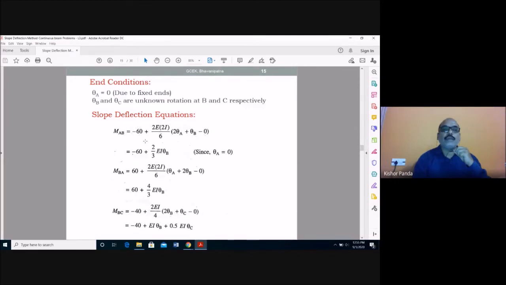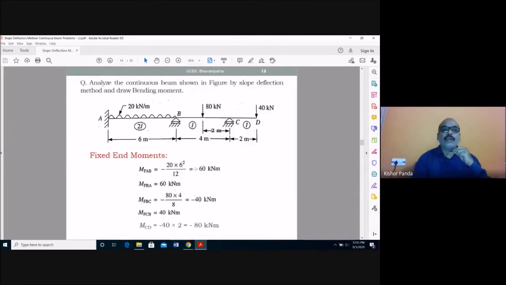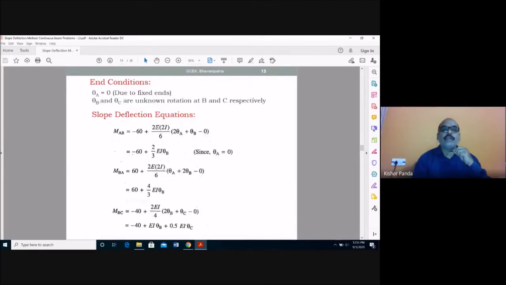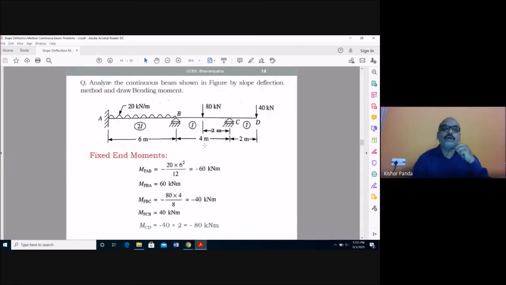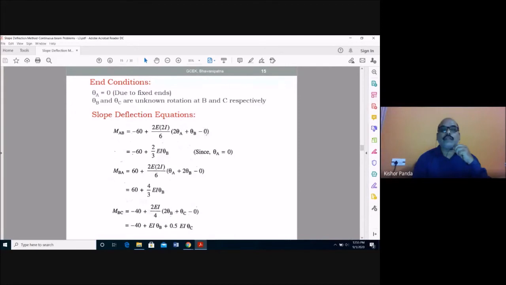MFAB you got minus 60, then 2E, the moment of inertia you are given for AB is 2I, L is 6, and 2 theta A plus theta B, minus delta, because there is no settlement of any support. That's why the delta is 0.